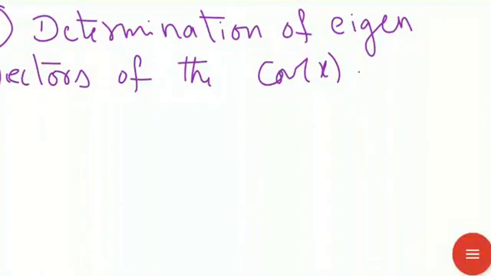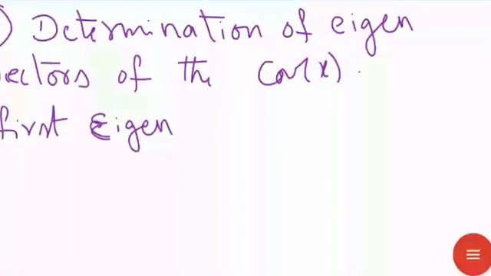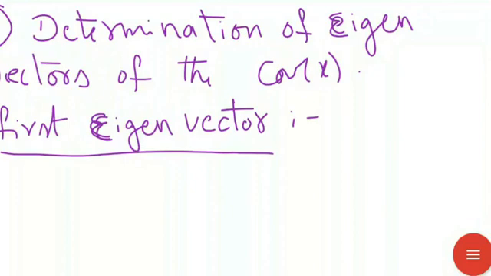So here, first eigenvector from eigenvalue, first eigenvector from eigenvalue lambda 0.